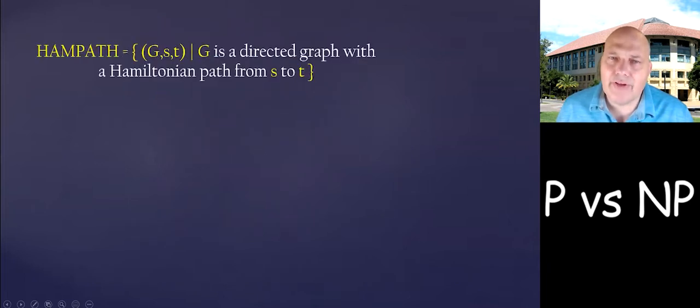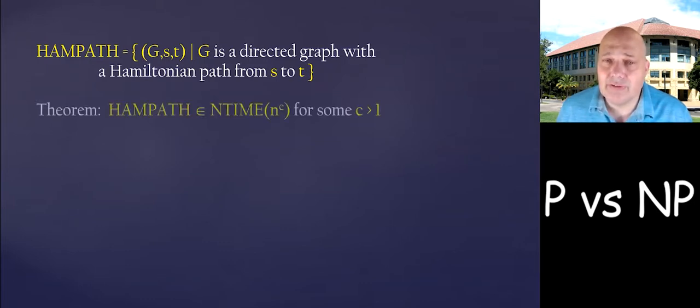Hamiltonian path, more formally, is the language of all triples G, S, T, where G is a directed graph with a Hamiltonian path from S to T. So the question is: is there a Hamiltonian path between S and T in G? Hamiltonian path is also decidable in non-deterministic polynomial time.